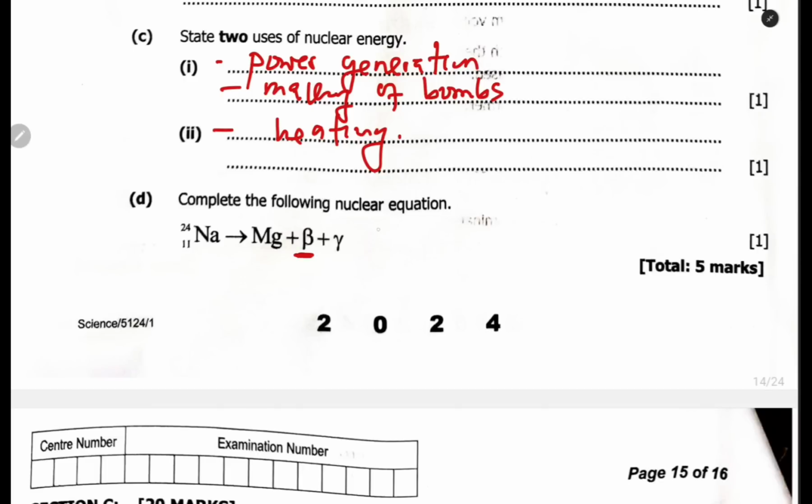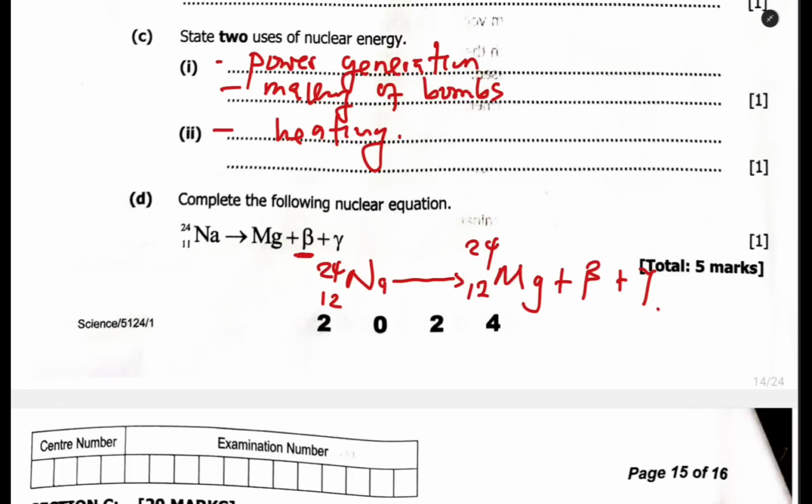Gamma does not affect the mass number and the atomic number. So to complete this one, let me just rewrite it here: producing magnesium, the mass number will still be 24, but the atomic number will be 12, then plus beta plus gamma. So that is the complete equation. I guess you have no problem on this one.